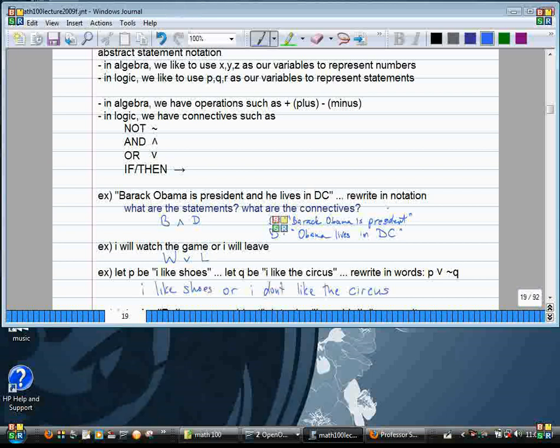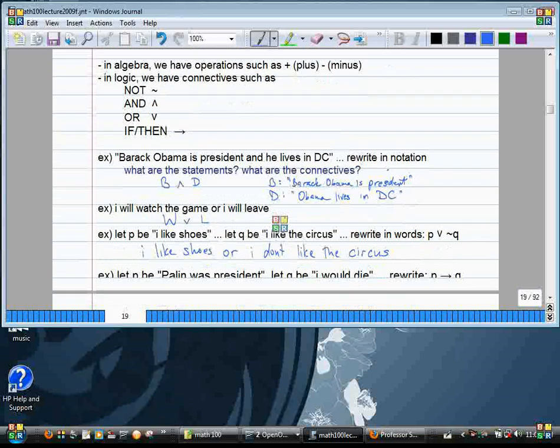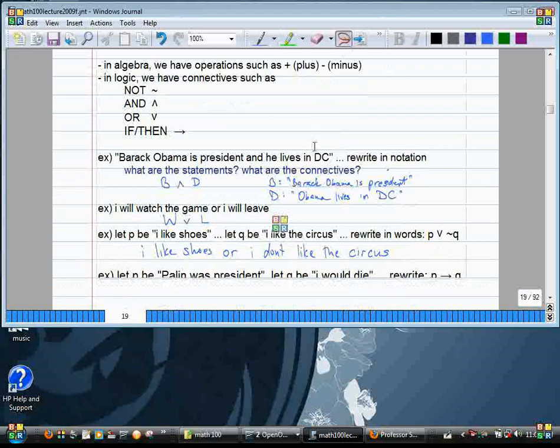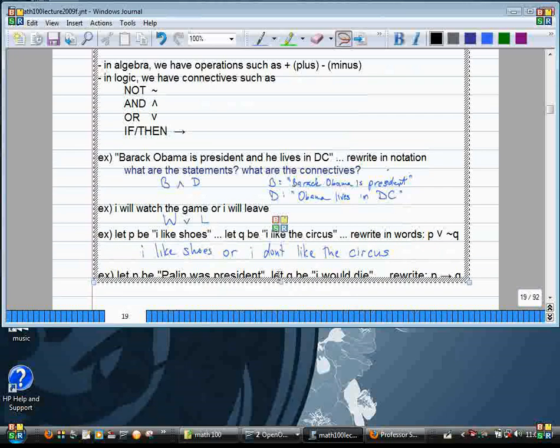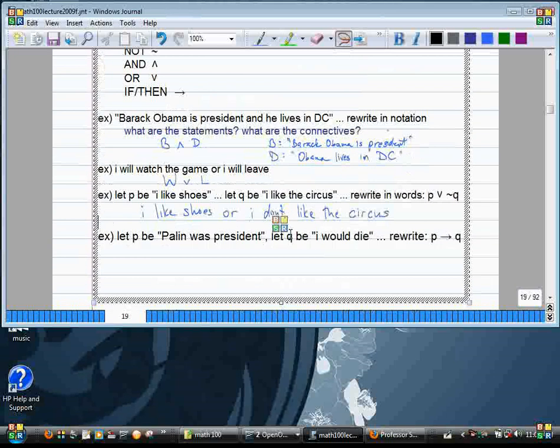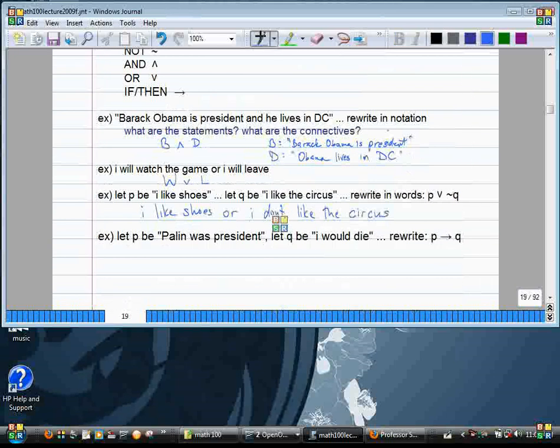So that's the idea. What about this last one? Let P be Palin was president, and let Q be I would die.